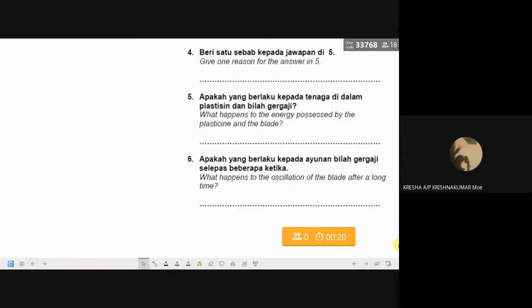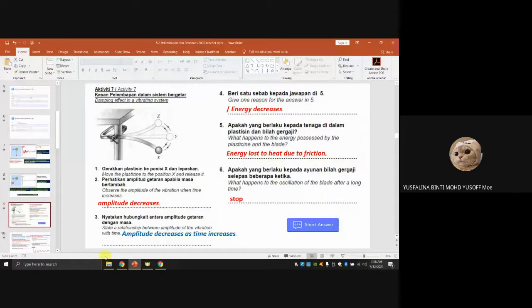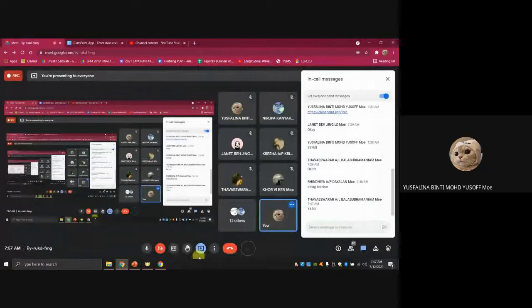It says state the relationship between amplitude of the vibration with time. Means there is a slide missing here, is it? Oh, okay. Wait for a moment. Can you give me a moment?